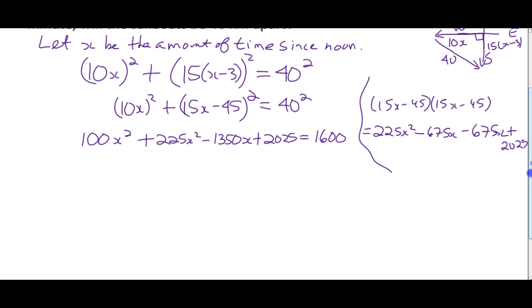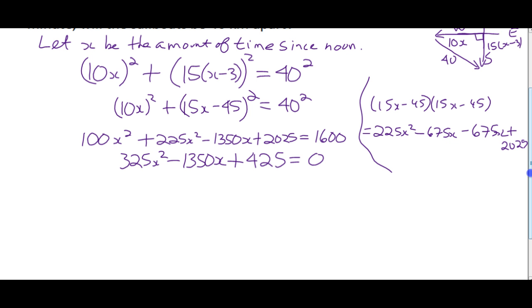So we're going to collect these together and move the 1600 over, so we get 325x squared minus 1350x plus, and it's 2025 minus 1600, right? So it'll be plus 425 equals 0.